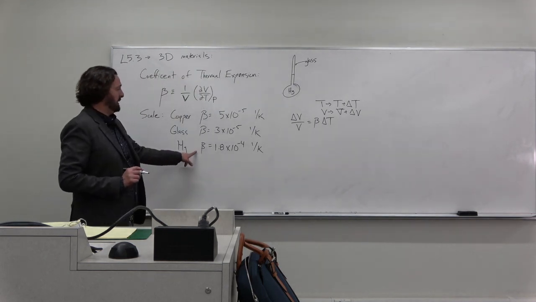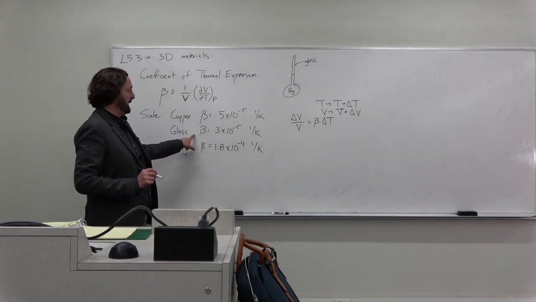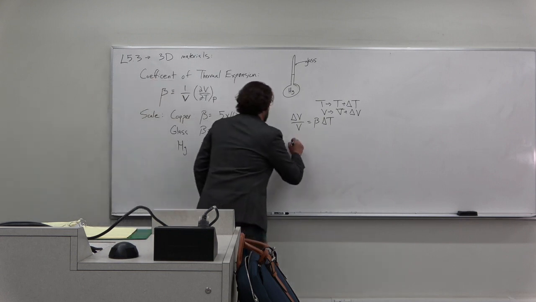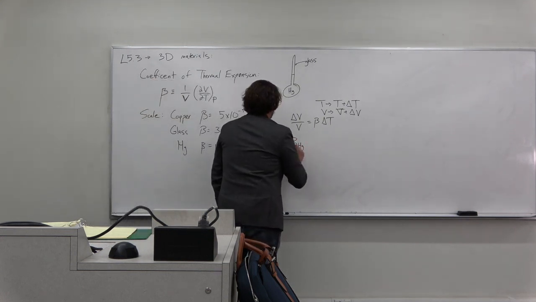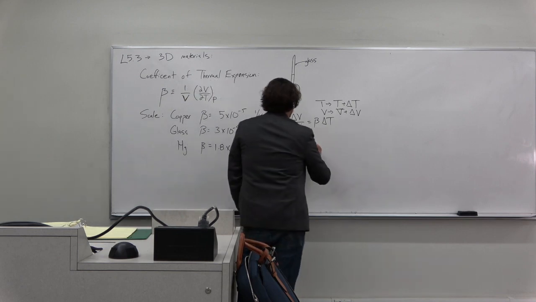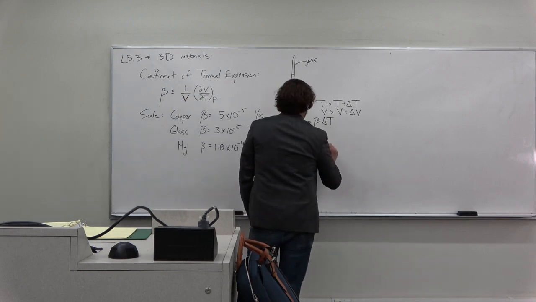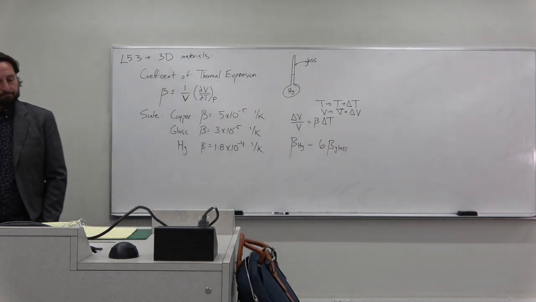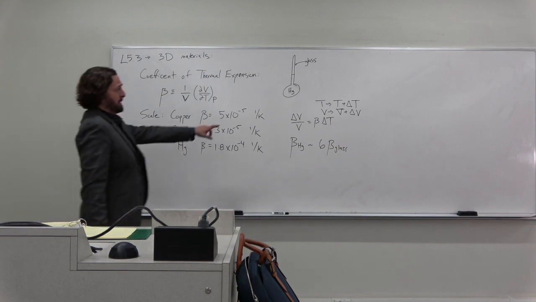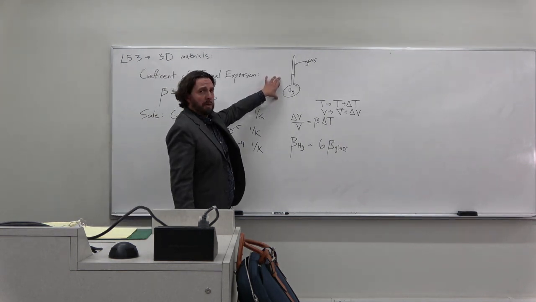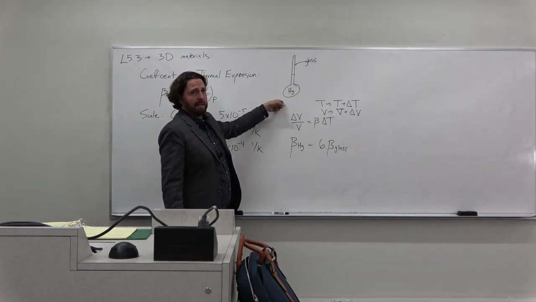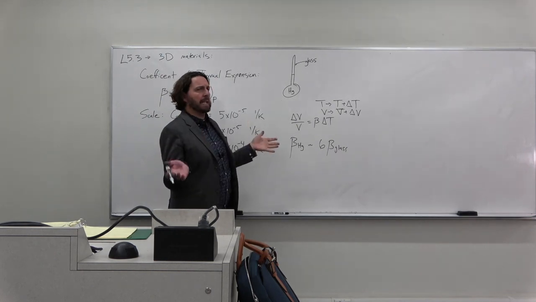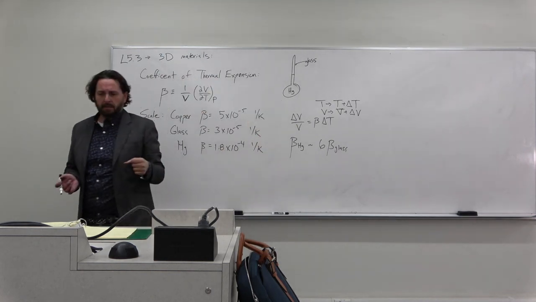So beta for mercury is approximately 6 times the beta for glass. So that means the mercury in this is expanding more than the glass, but not lots and lots and lots more, right?